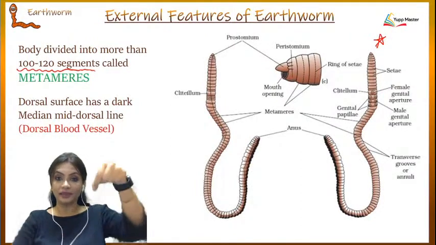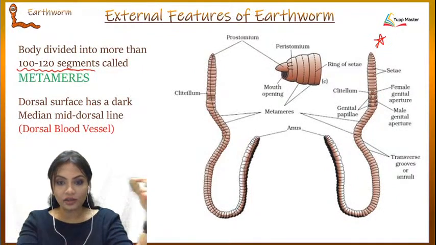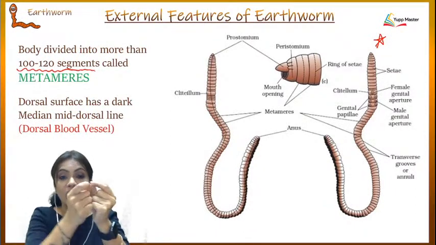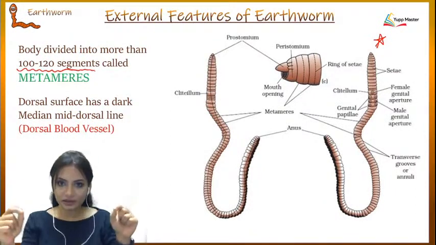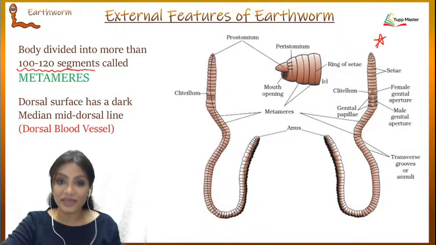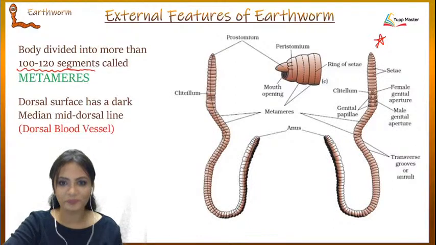When you pick up that earthworm, you will see that along the length of the earthworm, there will be a dark red line. Wherever you find that dark red line, that indicates the dorsal surface of the earthworm, meaning the surface which faces towards the sun.